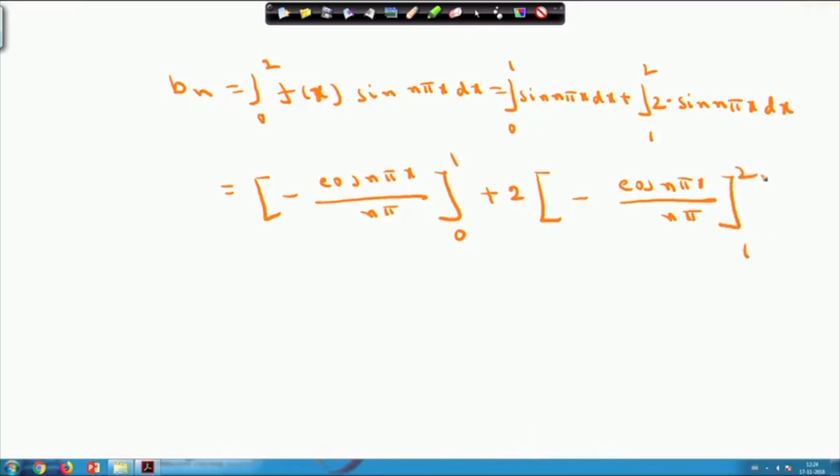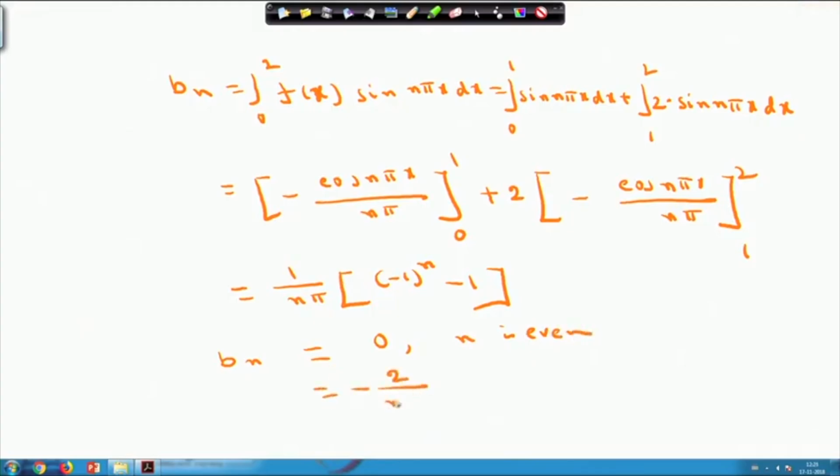If I evaluate these values, you will ultimately obtain 1 by n pi into minus 1 to the power n minus 1. So, I can write b n equals 0 when n is even, and this is equal to minus 2 by n pi when n is odd. So, once I have obtained this, a naught I have obtained, a n is 0 and b n I have obtained this.